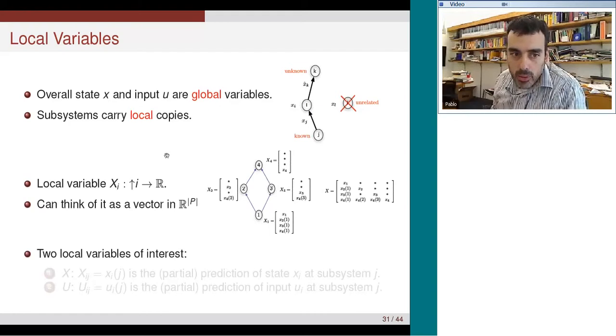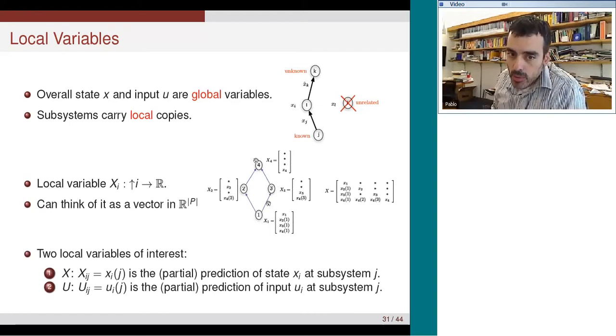Each subsystem is going to keep an estimate of the state of the things in the future. For instance, subsystem 1 is going to keep predictions of what states 2, 3, and 4 are doing. Subsystem 3 is going to keep a copy of what subsystem 4 is going to be doing. Same thing for subsystem 2, and 4 doesn't have to worry about anything.